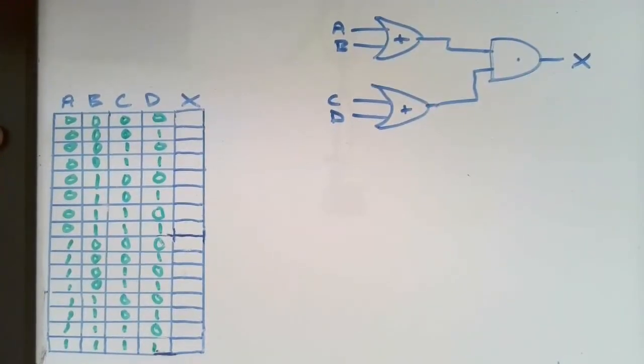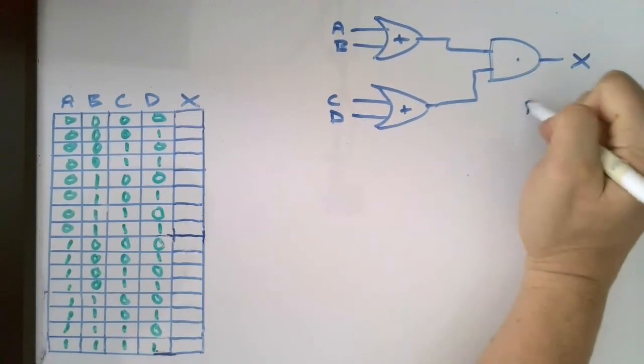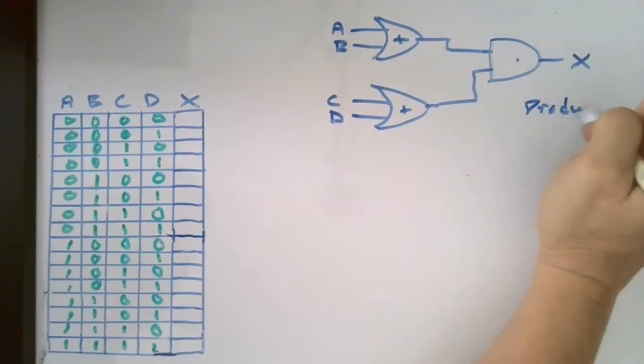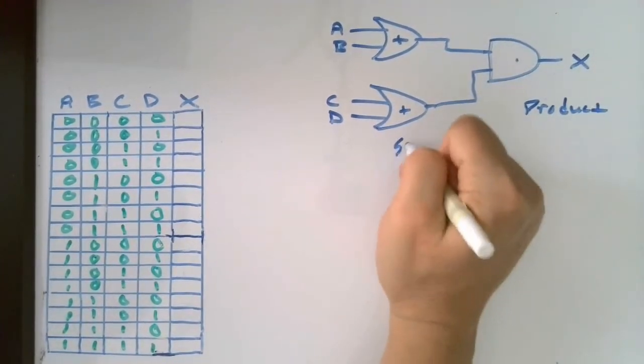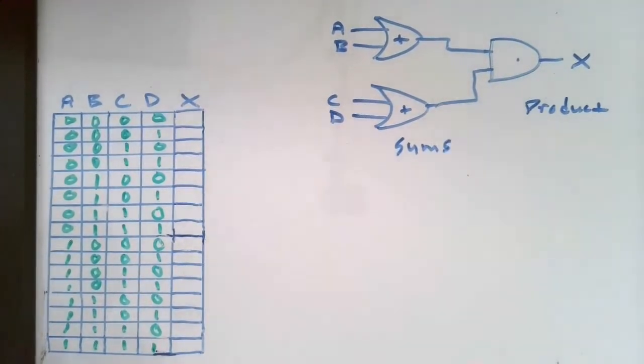Okay, so the next circuit we're going to look at is product of sums. So we've got a product here with our AND gate, and we have our sums with our ORs here. In this case, let's take a look at what the outputs will be.